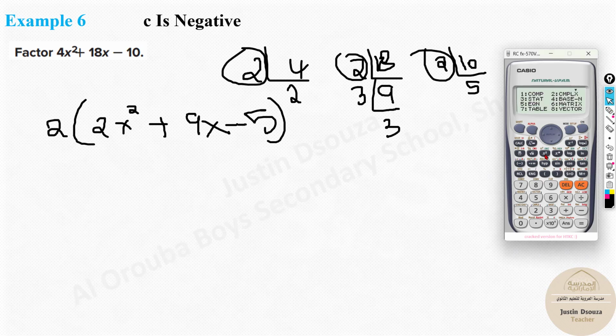So why is this important? I will tell you why. Now in the calculator, mode 5 3, if you solve this, 4, 18 and minus 10. What are the answers you get? Here you got x equals half. I will tell you how to solve this in a while. And x equals minus 5. So let's take this to the other side.